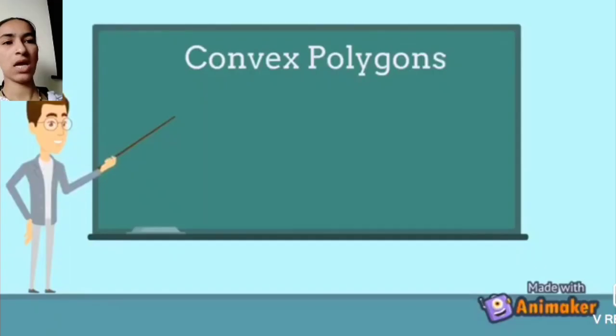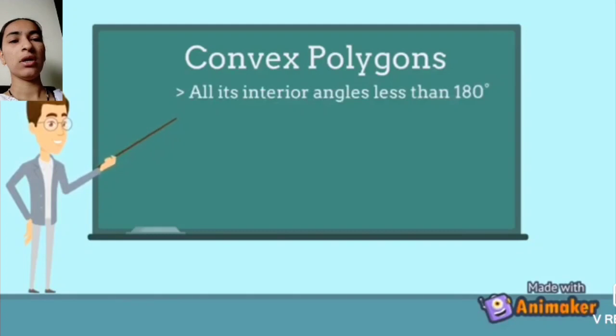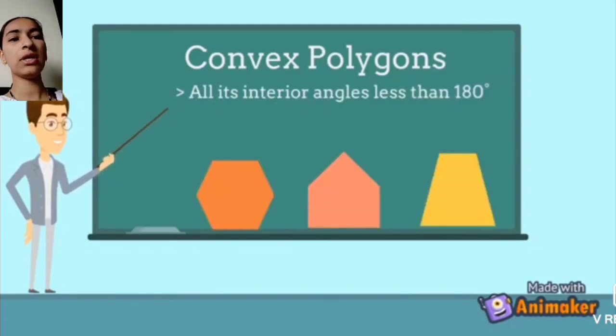Now one more type is there, convex and concave polygon. Just now we learned the irregular and regular polygon. Now we will see the convex and concave polygon. All its interior angles are less than 180.